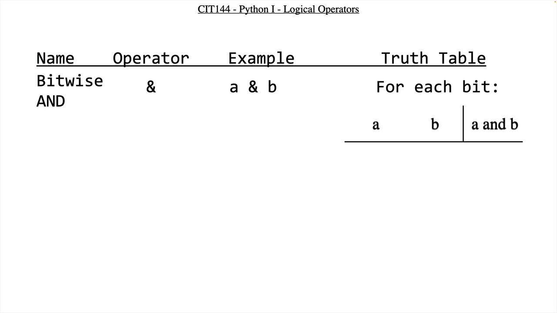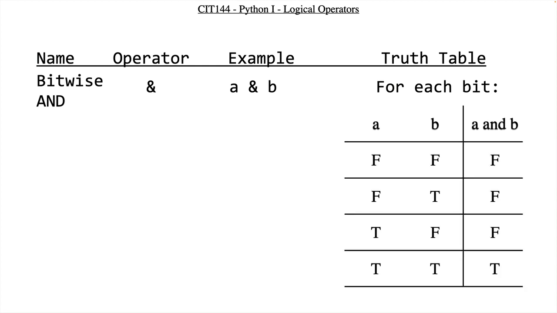We're going to have the four combinations, and ultimately this truth table is going to be exactly the same as it was before. The only exception is that instead of working on a Boolean value, it's doing this bit for bit.